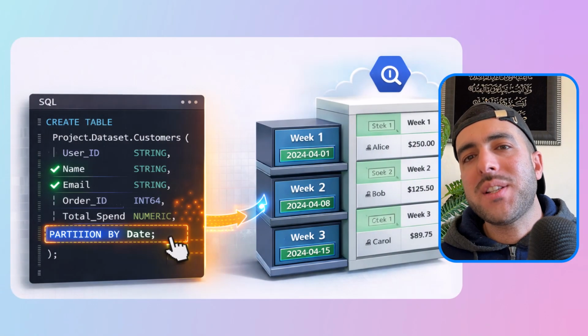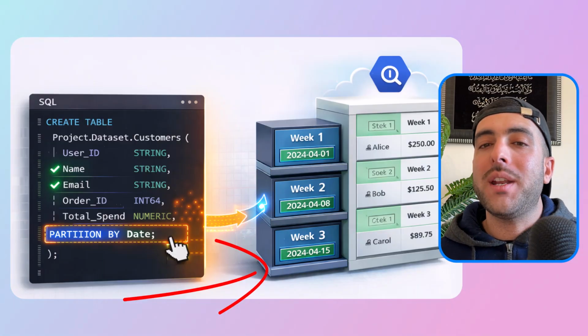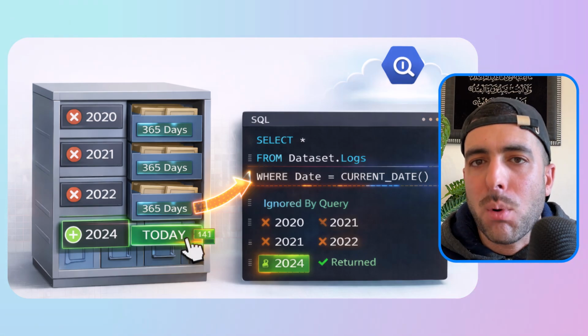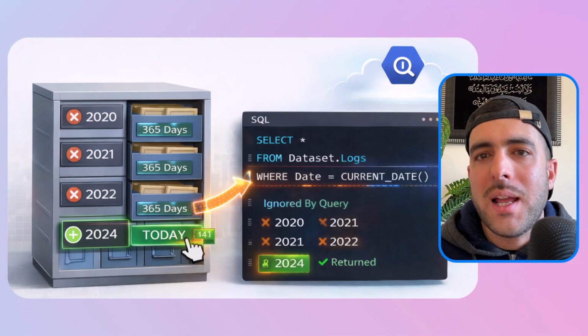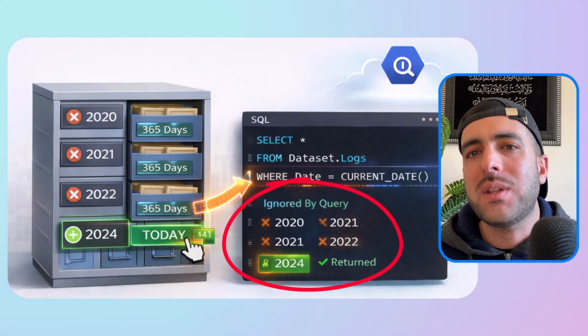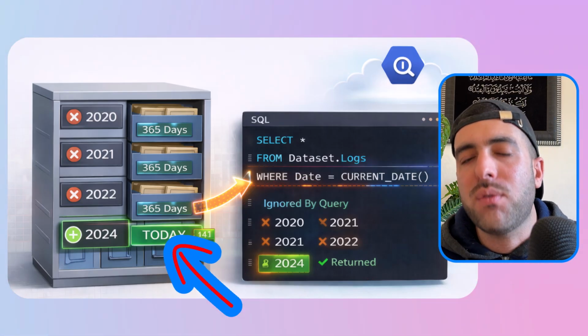Partitioning is the process of slicing your data into drawers based on a date or timestamp. If you have 5 years of logs, a partitioned table allows your SQL to ignore 4 years and 364 days of data if you only query for today.